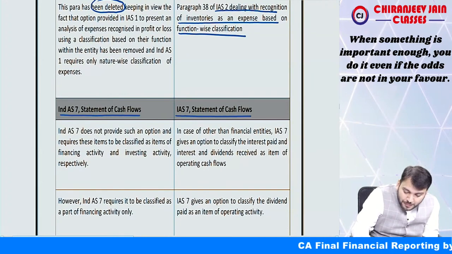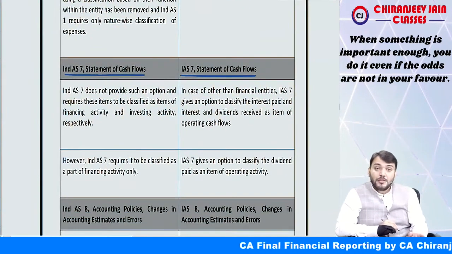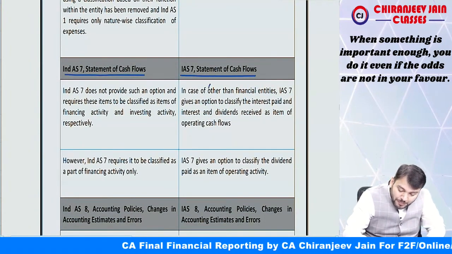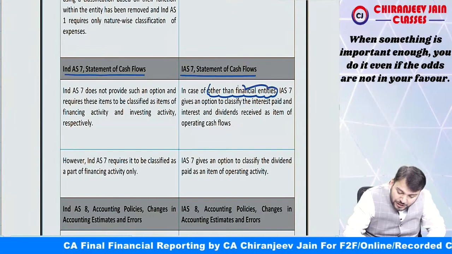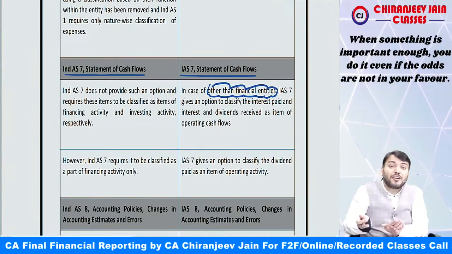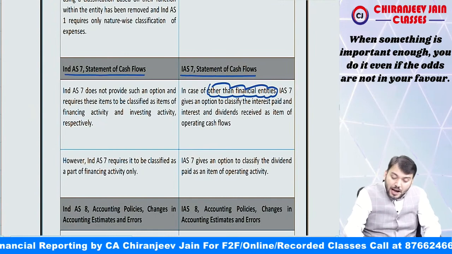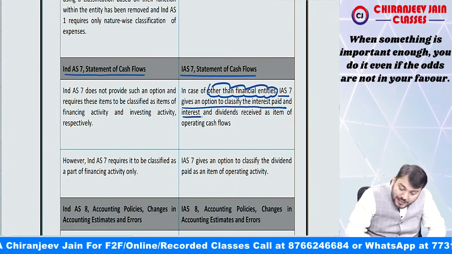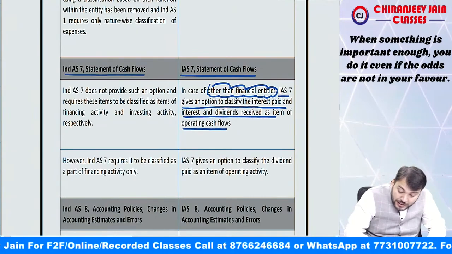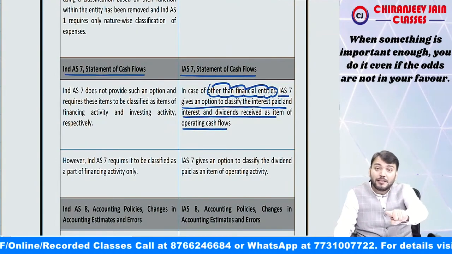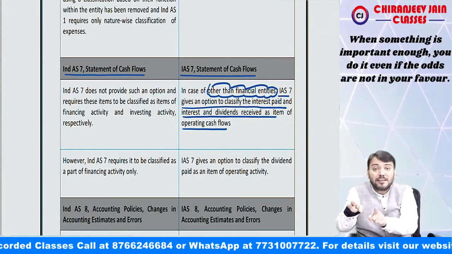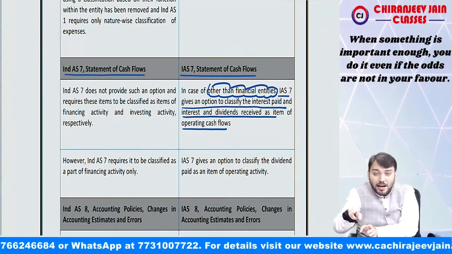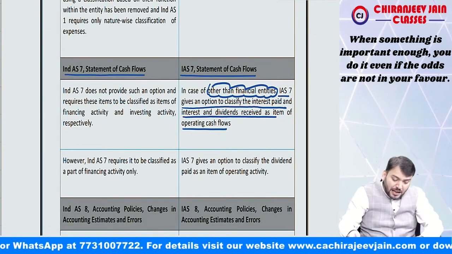Then statement of cash flow, Ind AS 7 and IAS 7. Now what IAS 7 says, in case of companies other than financial companies, means entities which are not banking companies or NBFCs, IAS 7 gives an option to classify interest paid and interest and dividend received as an item of operating cash flow, as well as investing or financing items.